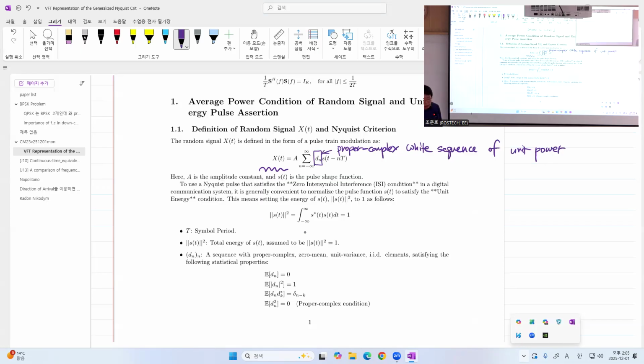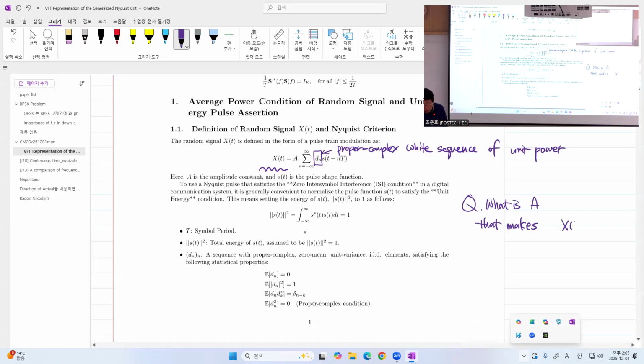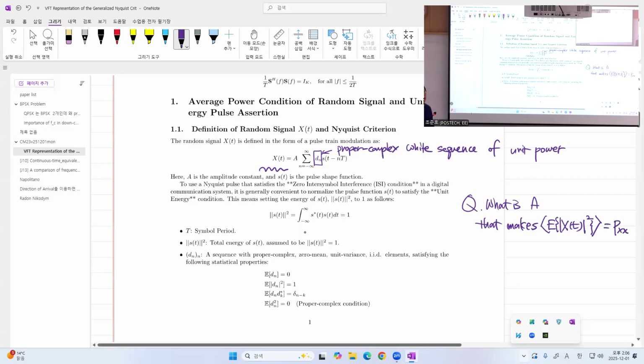Now, the question is, what is A that makes the average power of x of t, where the E means ensemble average, and bracket means time average. So this is really the power of this random process. Makes P equal some capital P.